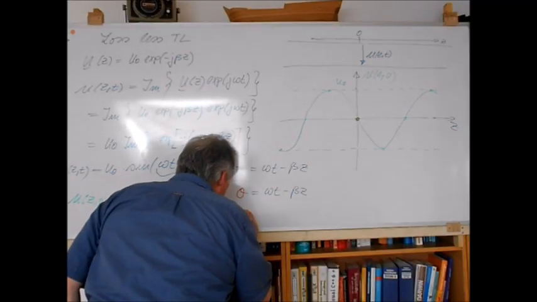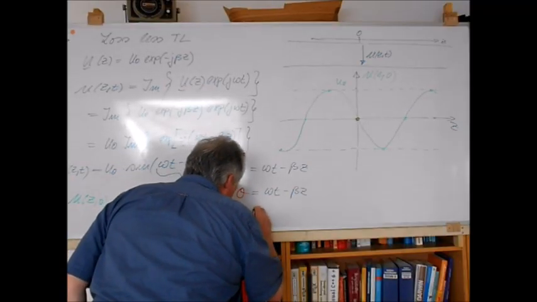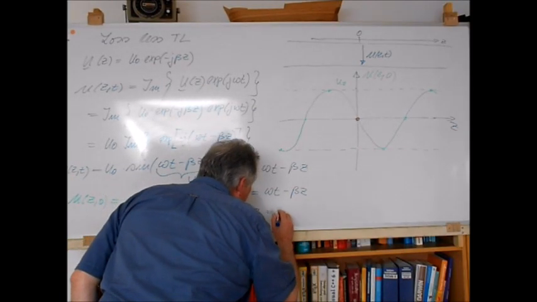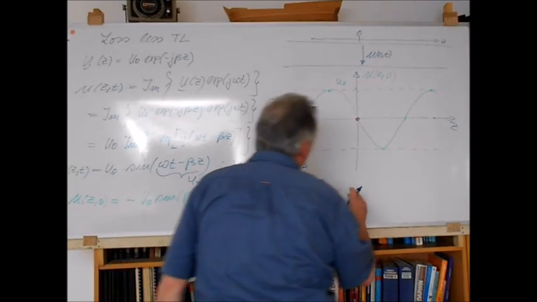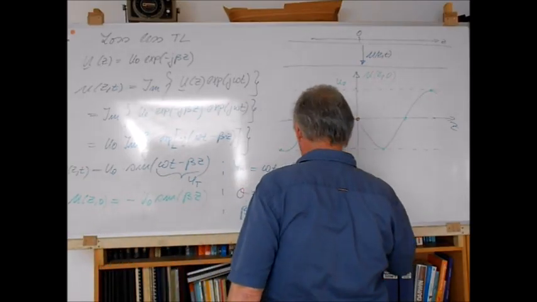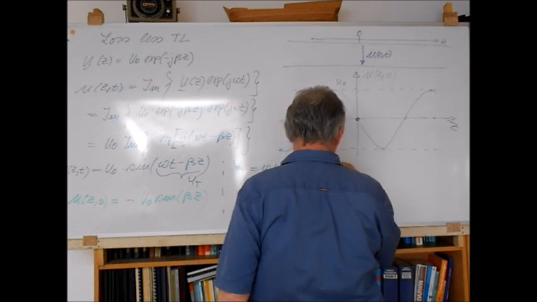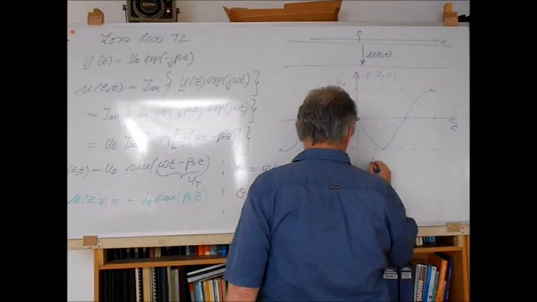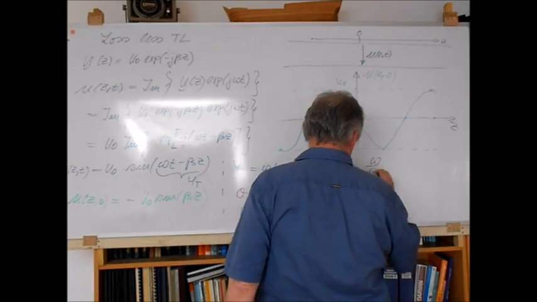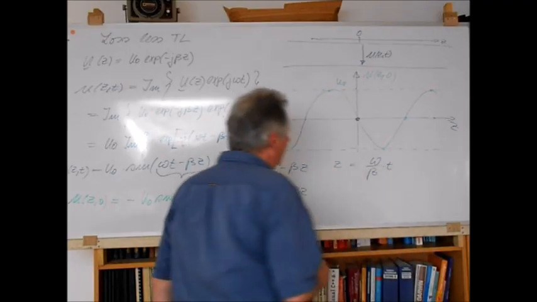So we will have that beta z is equal to omega times t, or that z is equal to omega divided by beta times t.